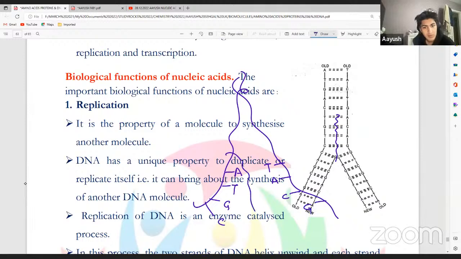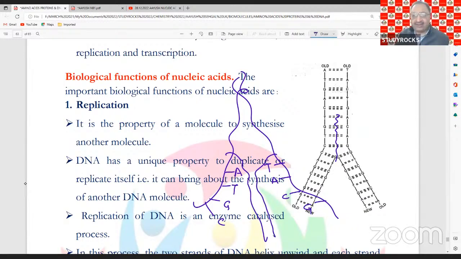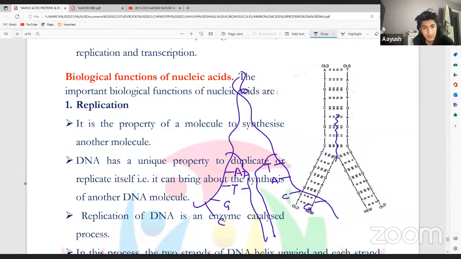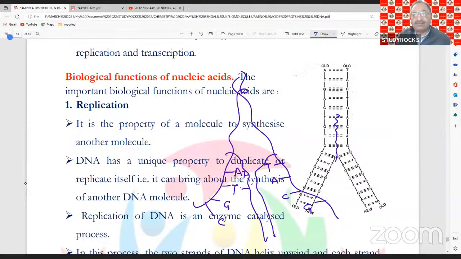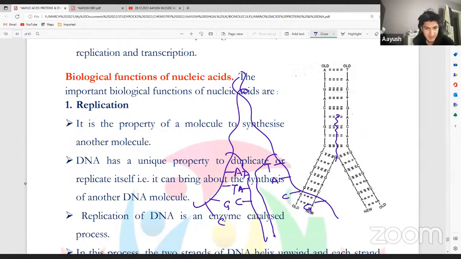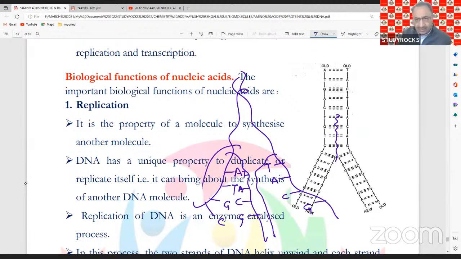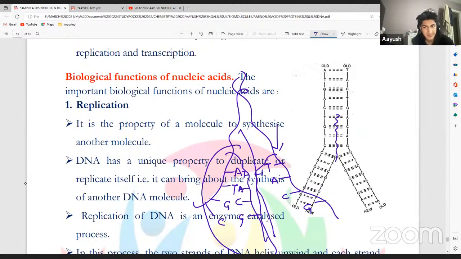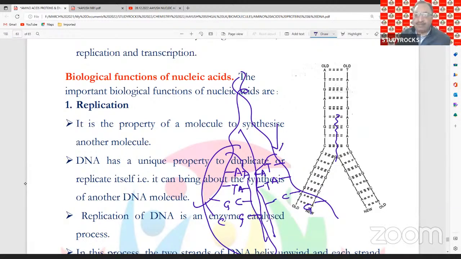This builds a strand of its own, and this builds a strand of its own. Then here comes thymine. What will come here? Adenine. Cytosine. Go on. Such a simple thing. This remains with the parents, and this goes to offspring. This is how this information is transferred. It is adenine, thymine, guanine, cytosine.